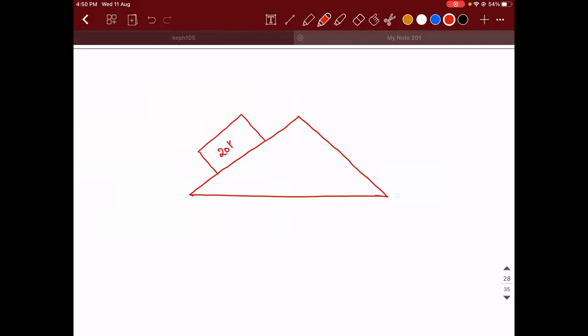Let's say there is a 20 kilogram block here. There is an 8 kilogram block here. There is a pulley in between, and there is a string that is going in this way. Let's say this angle is 30 degrees, and let's say this angle is 60 degrees.